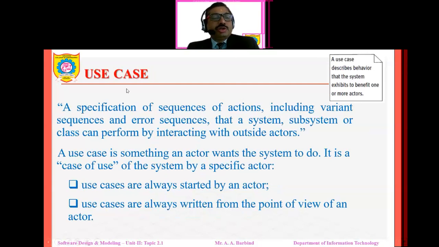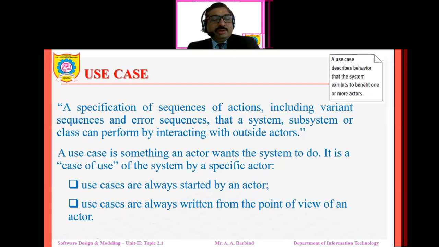Then the second component is the use case. A specification of the sequences of actions, including variant sequences and error sequences, that a system, subsystem, or class can perform by interacting with the outside actors. Okay, so a use case is something an actor wants the system to do.